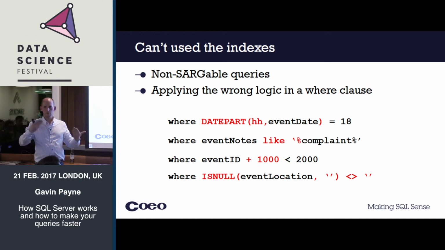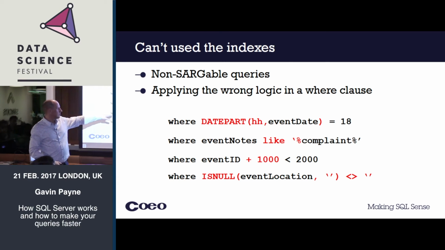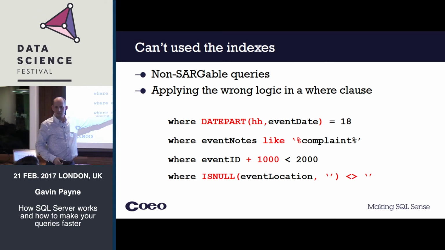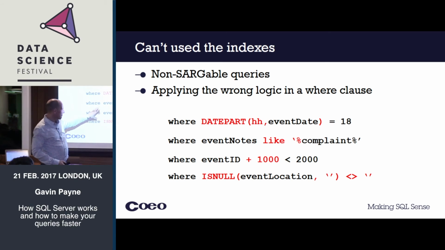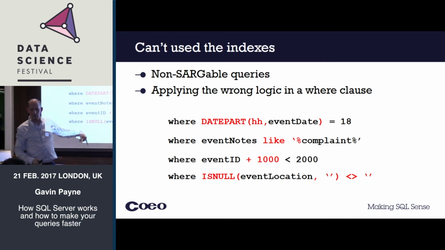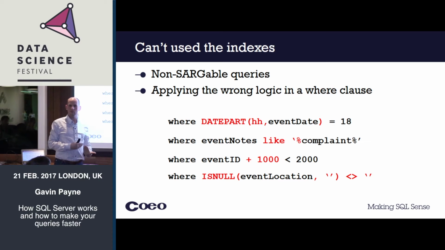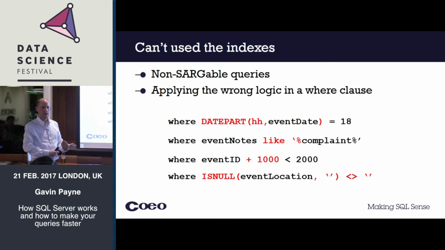So again, it can't perform any mass set-based logic when it looks for that. A bit more of a perhaps surprising one: you can't add maths to what you want to compare. So you can't say event ID plus 1,000, because event ID plus 1,000 changes for every row in the table, so it has to calculate that for every row in the table. So again, we're dropping back to an index scan.